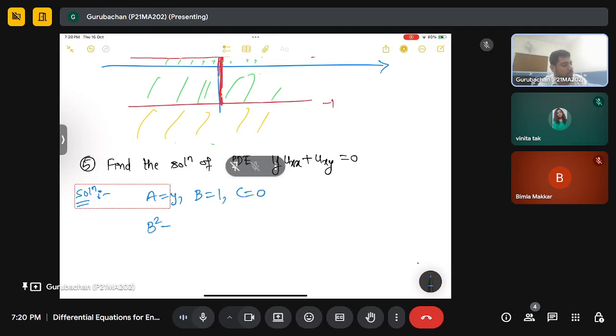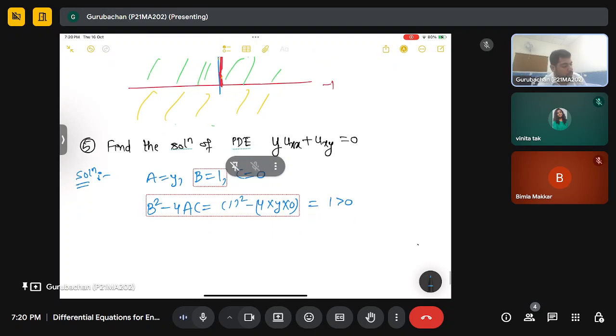So B square minus 4AC will be 1 square minus 4 into y into 0. This will be 1, positive. That means the given PDE is hyperbolic.